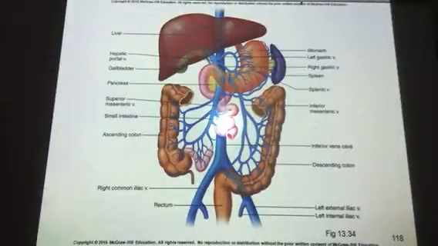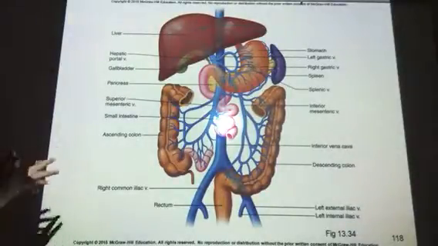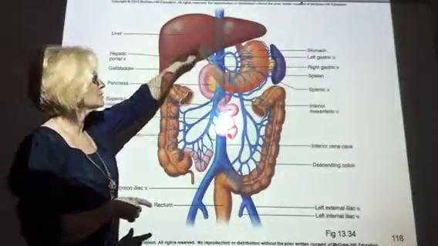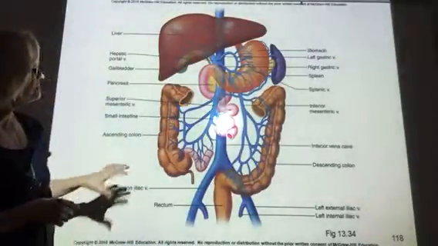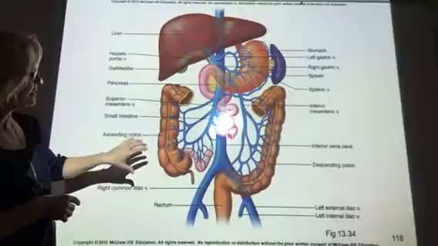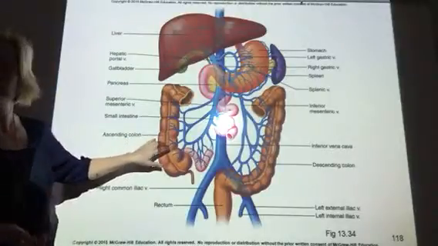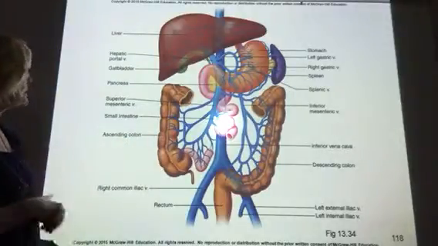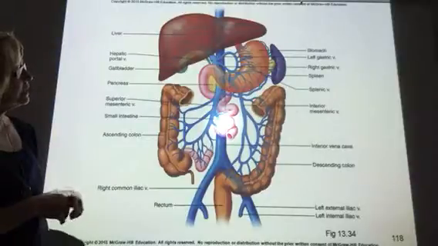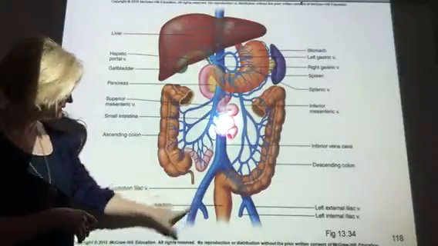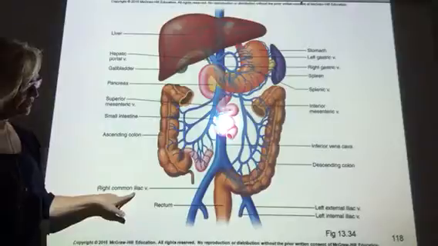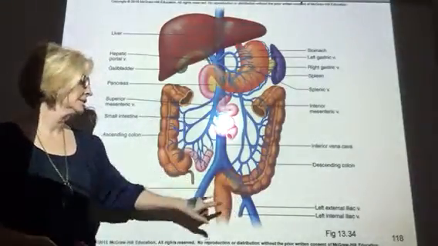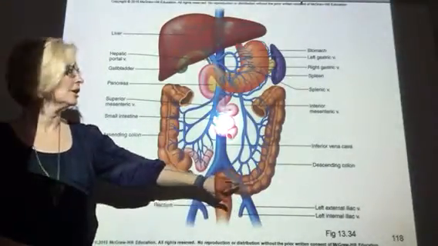So here again, if I start looking at my organs, hepatic deals with liver. My kidneys aren't on this diagram, but I am going to have renal veins, just like renal arteries. Gastric, down here, common iliac vein, both sides, same as my iliac arteries.